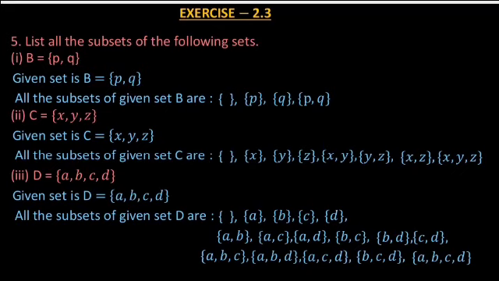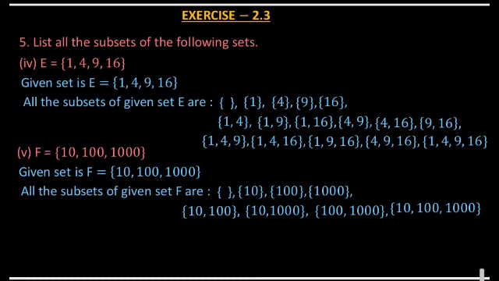So go to the next question. E is equal to set of 1, 4, 9, 16. The given set has 4 elements. So how many subsets do we get? 2 power 4, that is 16. Same as the previous question, first we write the empty set. Then we take 1 element: set of 1, set of 4, set of 9, set of 16.